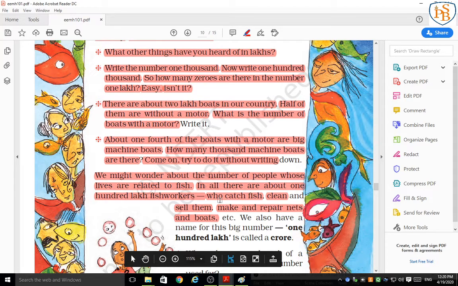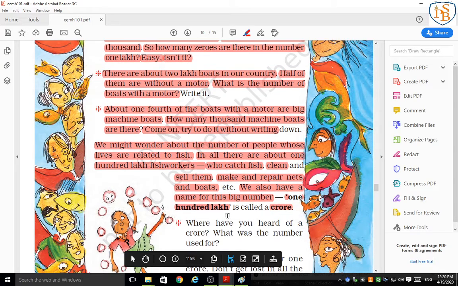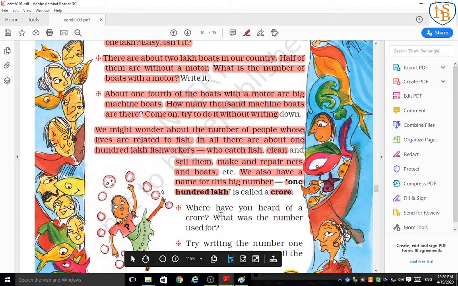We also have a name for this big number: 100 lakh, and it is also called a crore. So in our country we have about 100 lakh fish workers, catching fish, cleaning, selling, and repairing nets and boats.